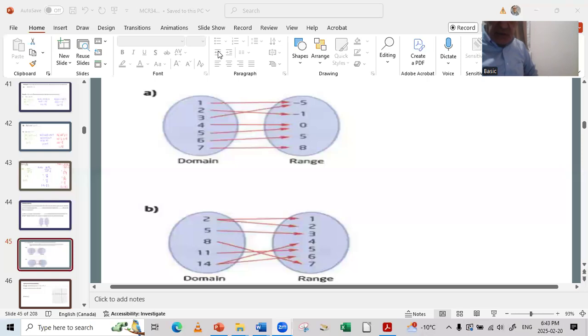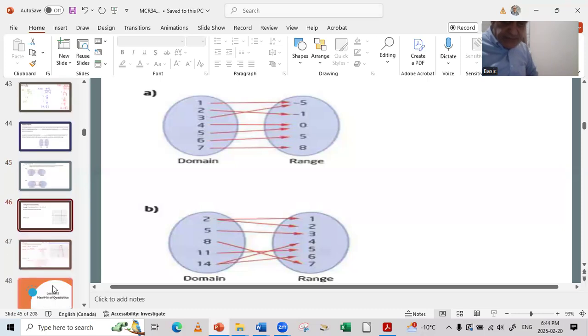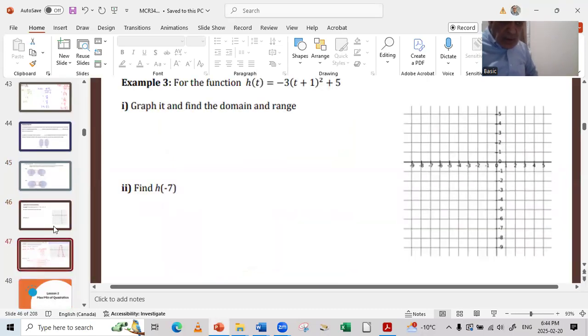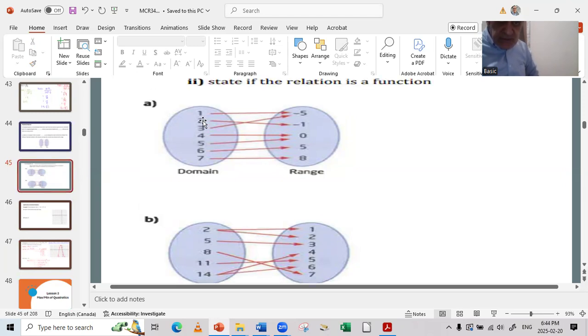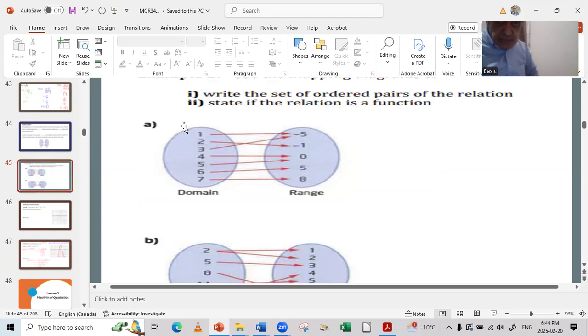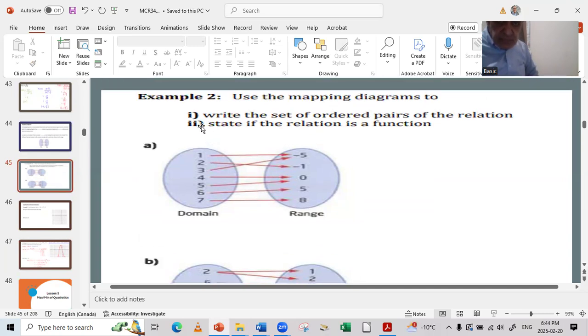And here we go for the idea we are talking about right now, the domain and the range. This is an example here. This is the domain, and this is the range.